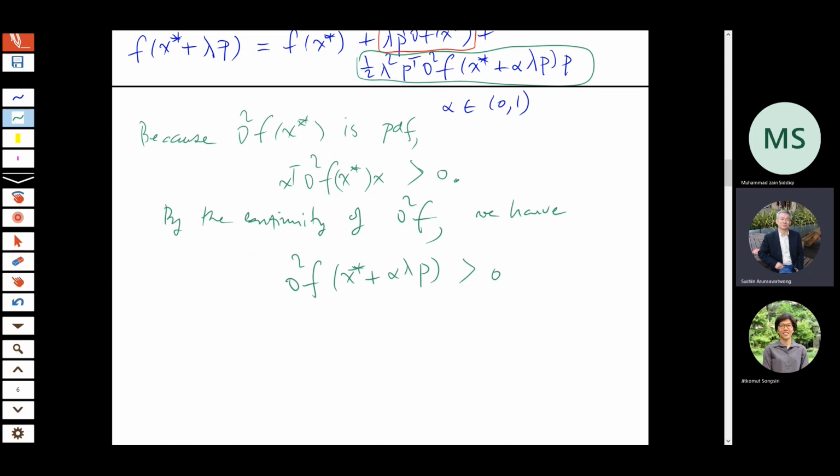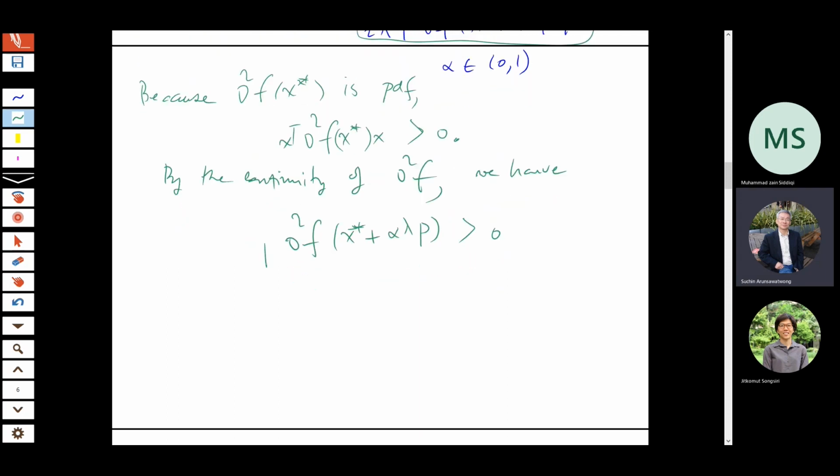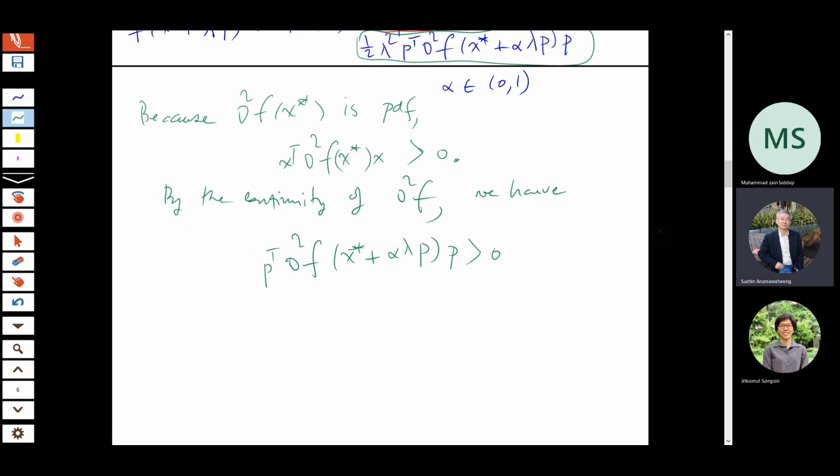And this multiplied with p transpose p gives a positive number.